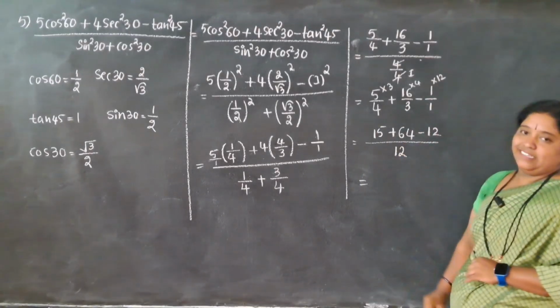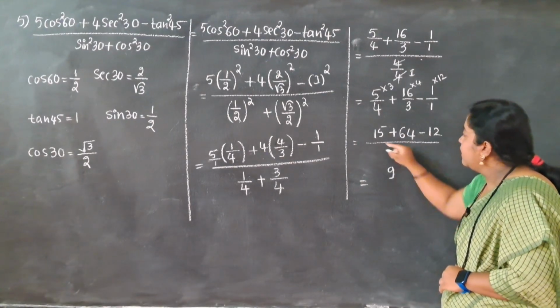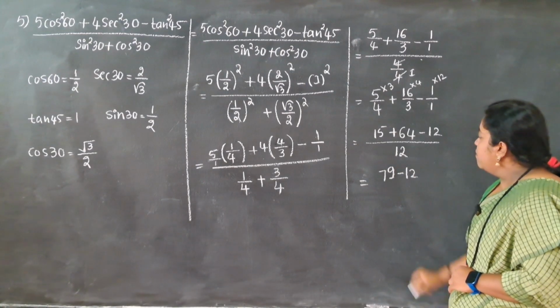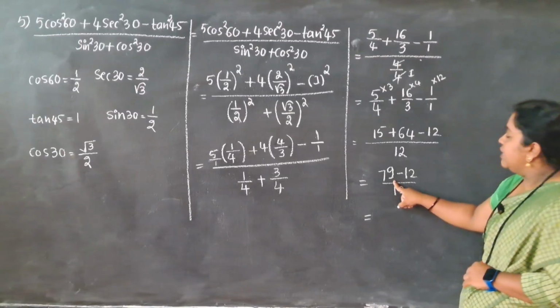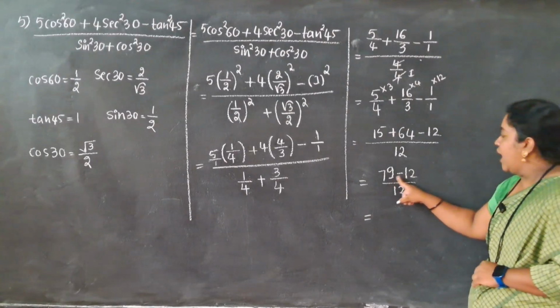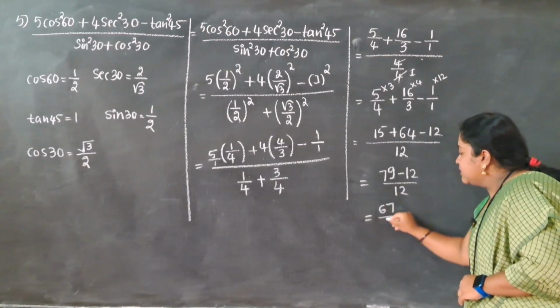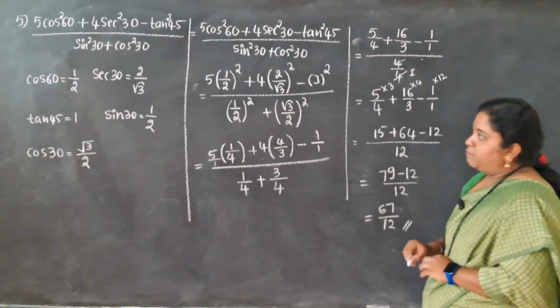See, 15 plus 64, add the values: 79. 79 minus 12 divided by 12. If you simplify this, 79 minus 12 is 67 by 12. So the final answer is 67 by 12.